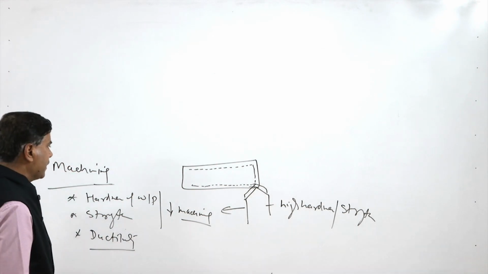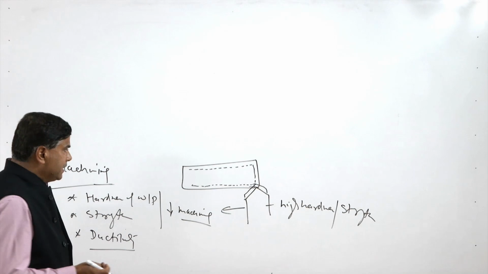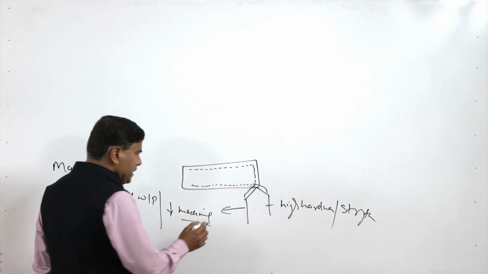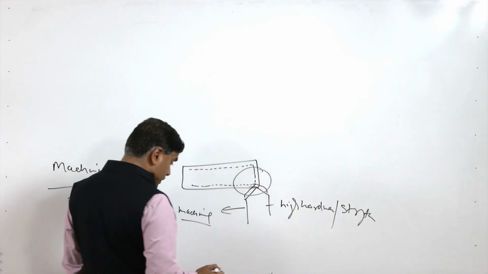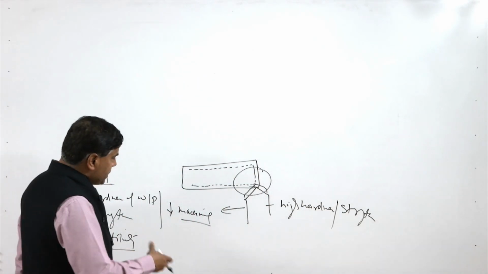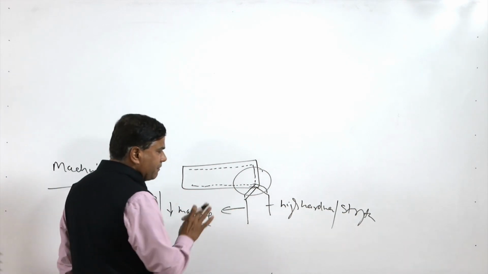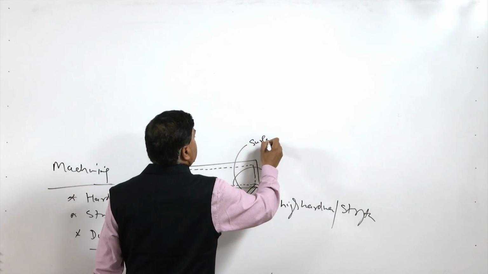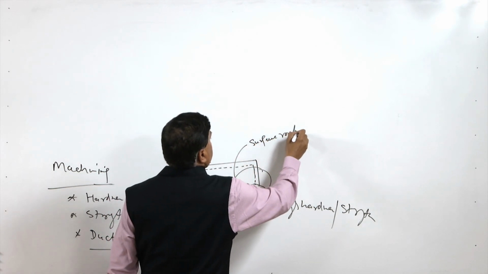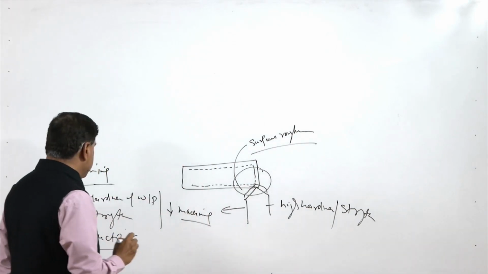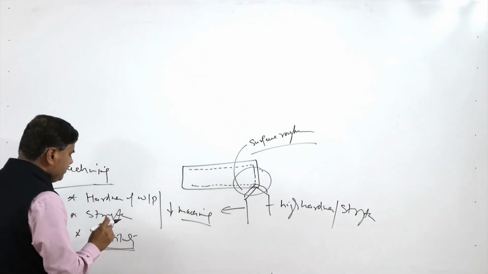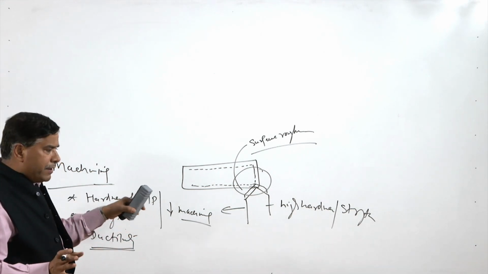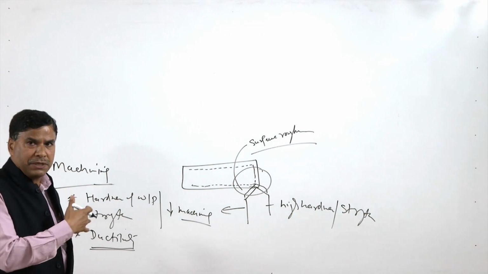Ductility also affects machining. If the material has too high ductility, then it will form very long curly chips, which will make the machining zone very clumsy, and the chips will rub against the machined surface of the component, adversely affecting the surface roughness. So, what is good is that the ductility of the material is limited, otherwise it will form very long curly chips, which need to be taken care of.